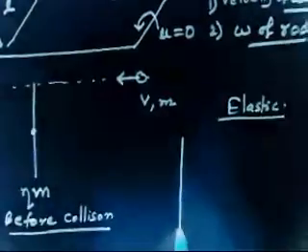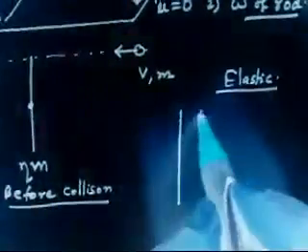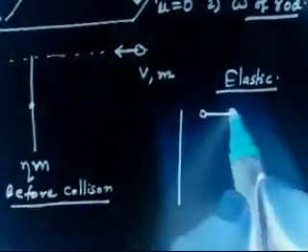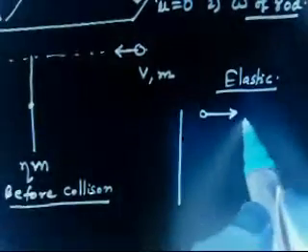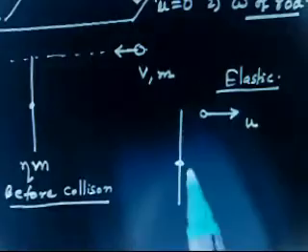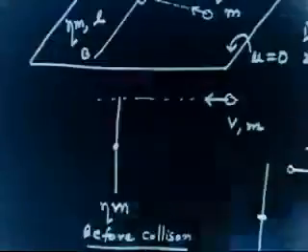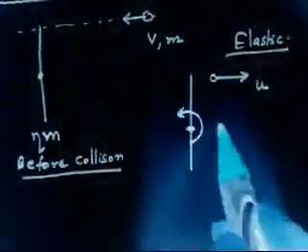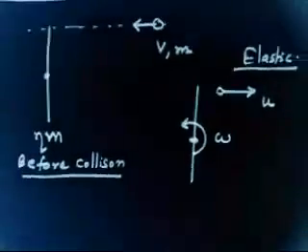So just after collision, let us say this ball is going away, returned, with velocity u. This rod now will have two kinds of tendencies. So there is a torque acting here. So this rod will start rotating. So let us say this rod will start rotating with angular velocity omega.